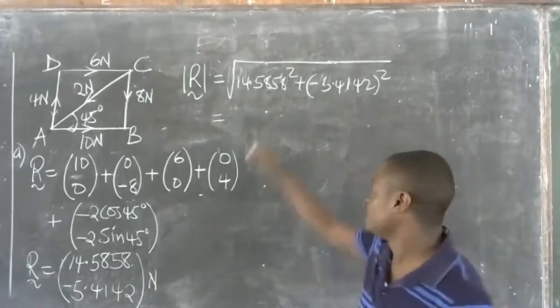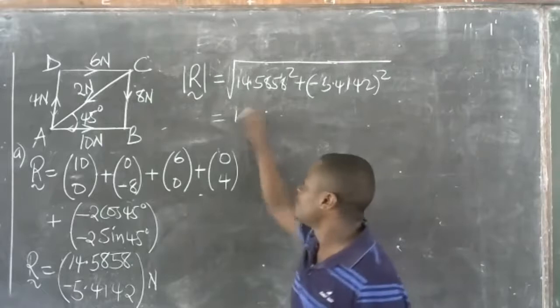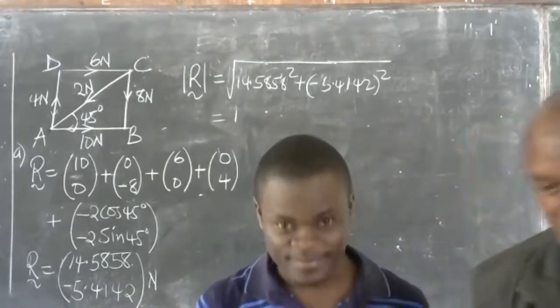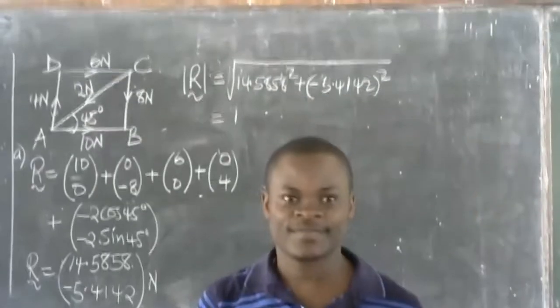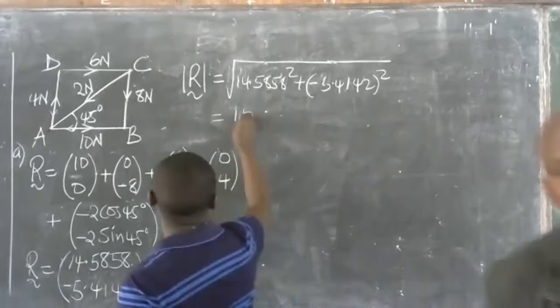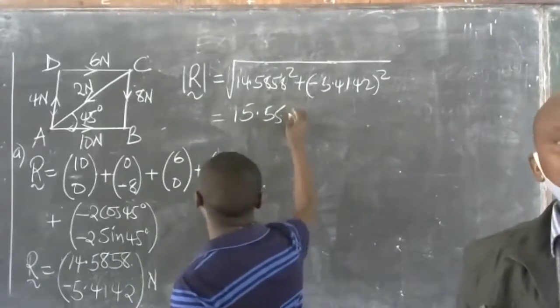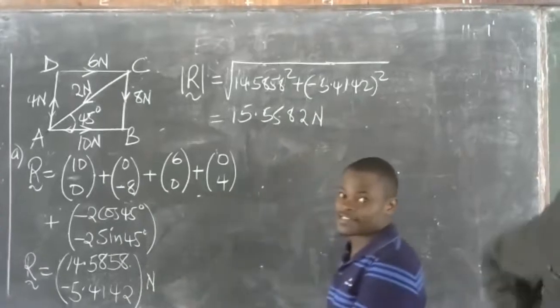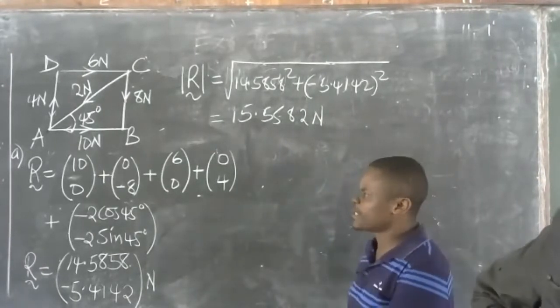What do we get, John? 15.5582 newtons. So you confirm that answer, the resultant, that's the magnitude.